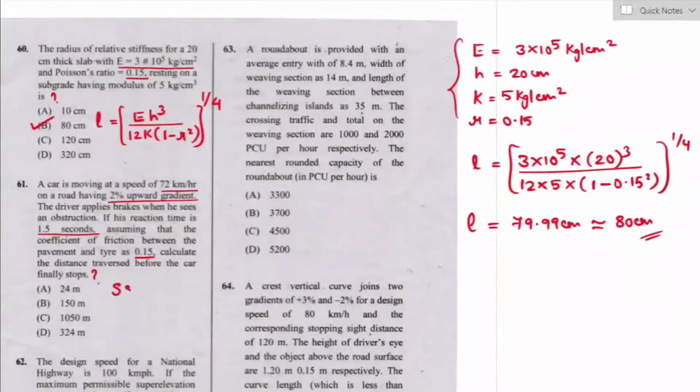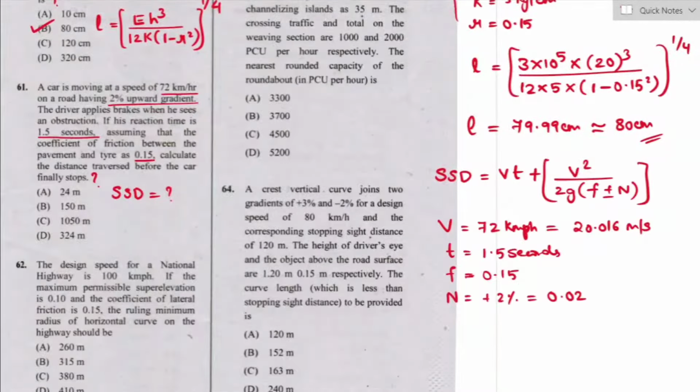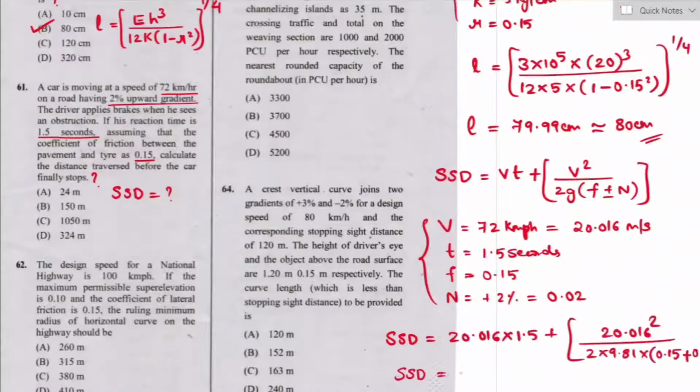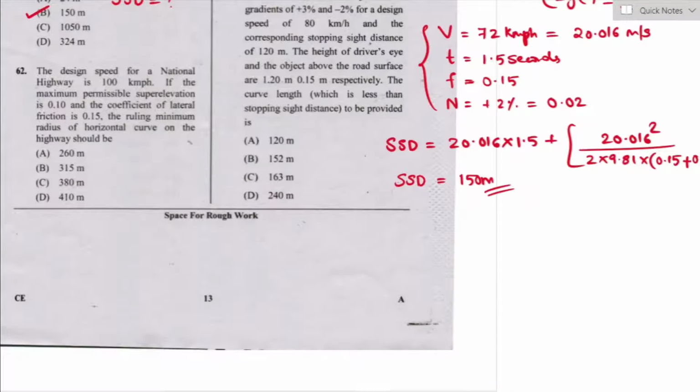So we have to determine the safe stopping sight distance. As per IRC, the safe stopping sight distance of a vehicle is given by the formula. On substituting these values, the safe stopping sight distance will be 150 meter. Option B is the right answer.